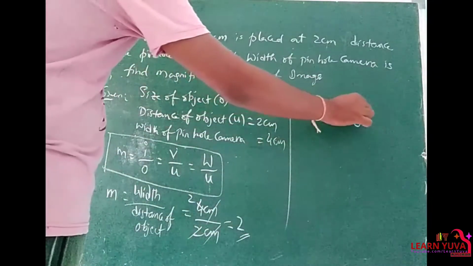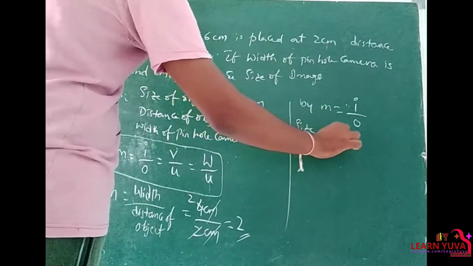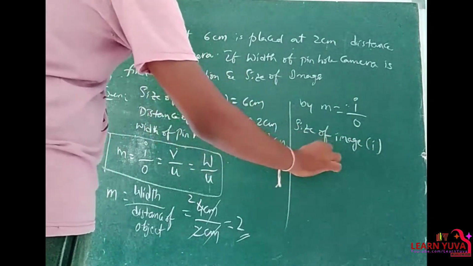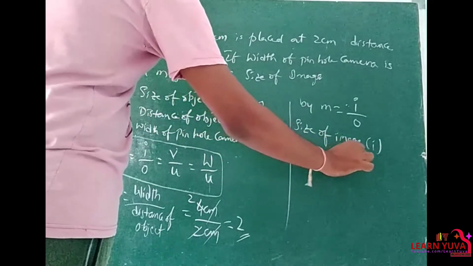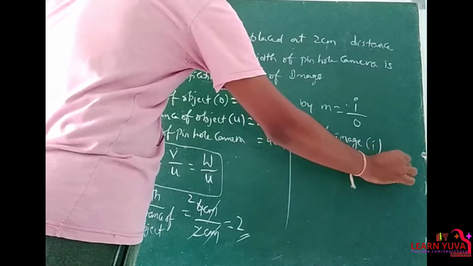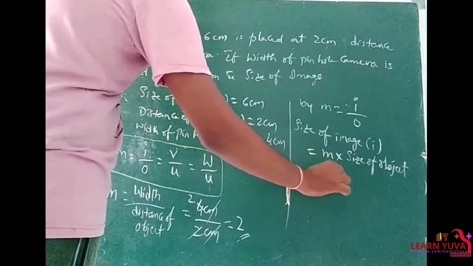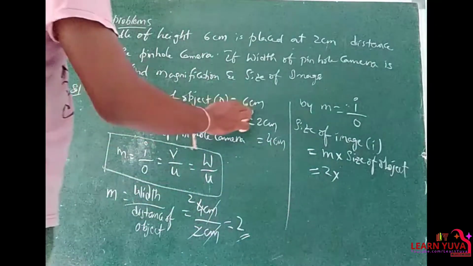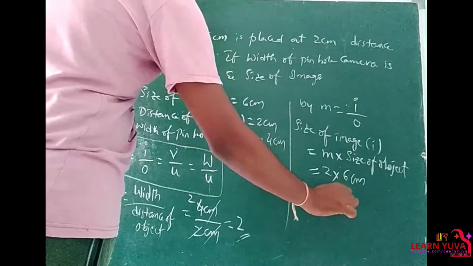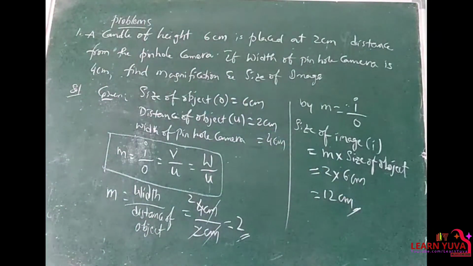We need size of image, so I is equal to magnification into size of object. Magnification we got is 2, size of object is 6 centimeters. So 2 into 6 is 12 centimeters. So size of image is 12 centimeters.